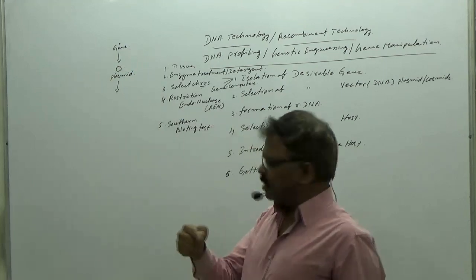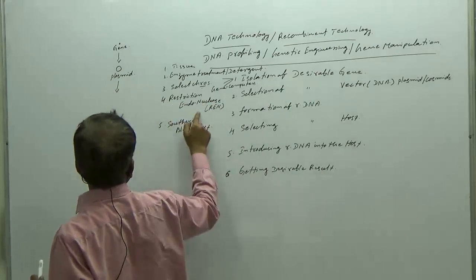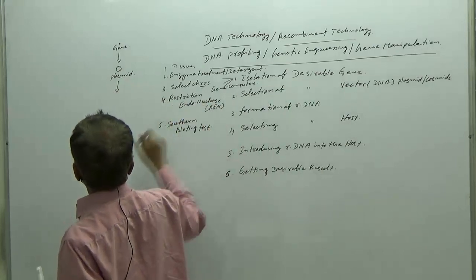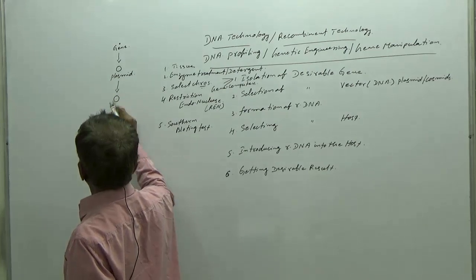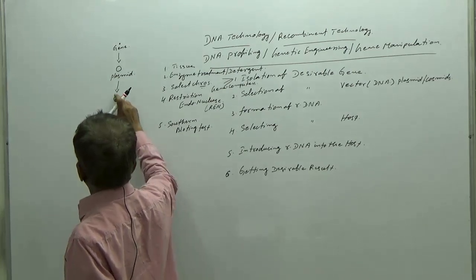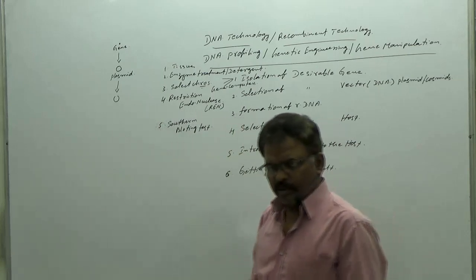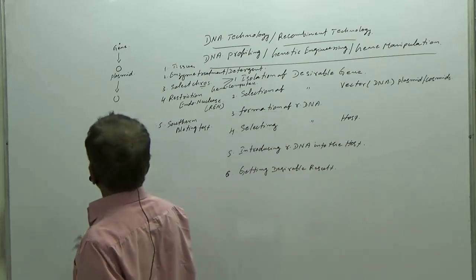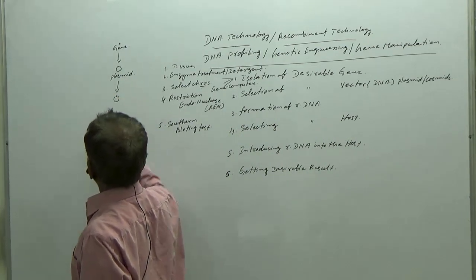How to insert? The vector is also a DNA. To cut that, restriction endonuclease is useful. They cut this by using restriction endonuclease. Then they insert the gene between the edges.